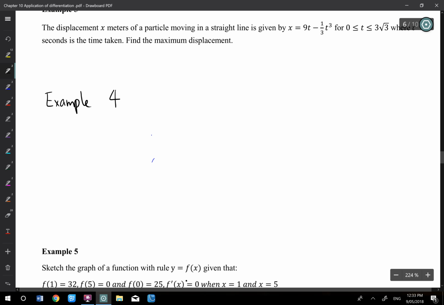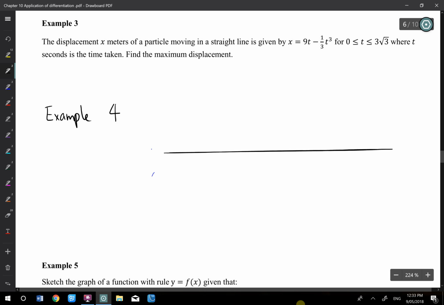Okay, let's sketch example 4. Example 4 and example 5, they are the same type of questions. Okay, we have y and x.